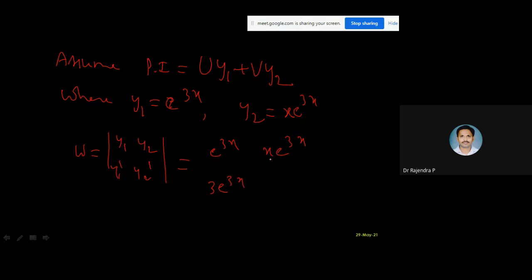And for y2 there are two functions, so I apply the derivative of uv formula. x I will keep as it is; derivative of e power 3x is e power 3x into 3. This time e power 3x I will keep as a constant; derivative of x is 1. I applied d by dx of uv formula.